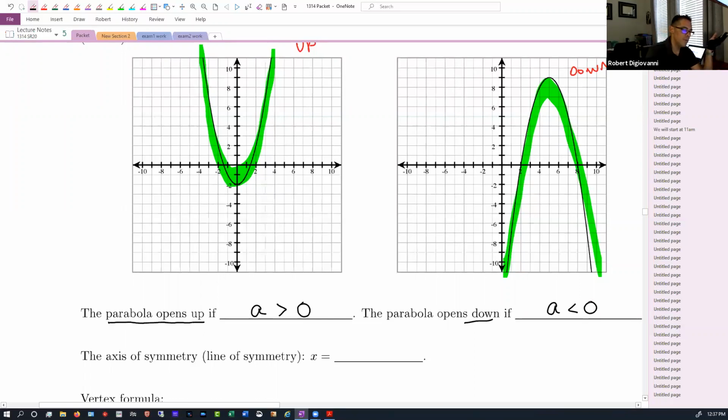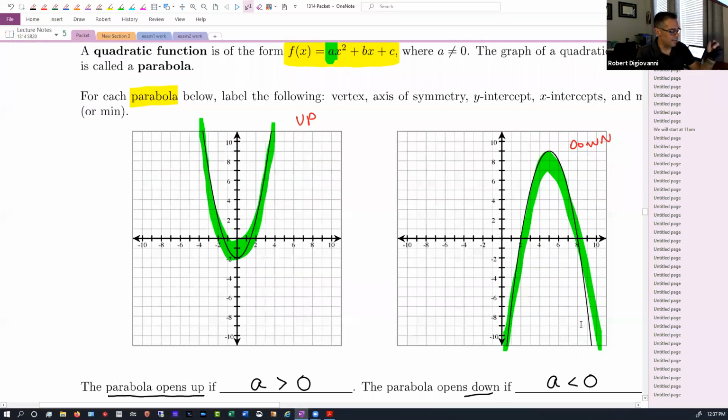One way you can remember this is kind of cheesy, but the parabola that opens up looks like a smile, and positive people like to smile. So if A is positive, you have a smile, and if A is negative, you have a frown. So it opens down.